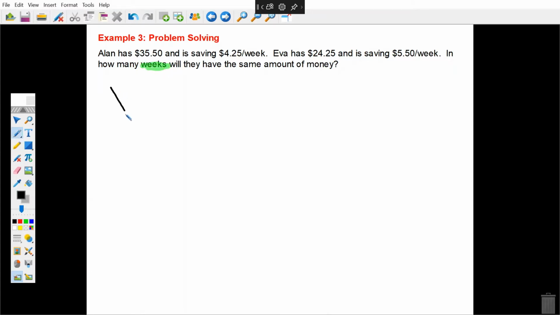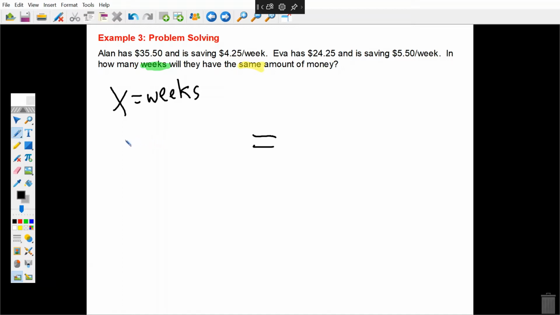So we're going to say x equals weeks. The question also states something very important. It says, when are Alan and Eva going to have the same amount of money? The same being equal, right? So we're going to put Alan on one side and Eva on the other side.